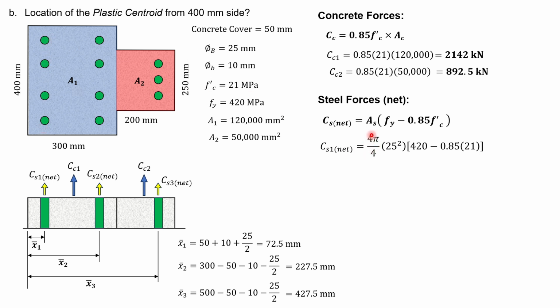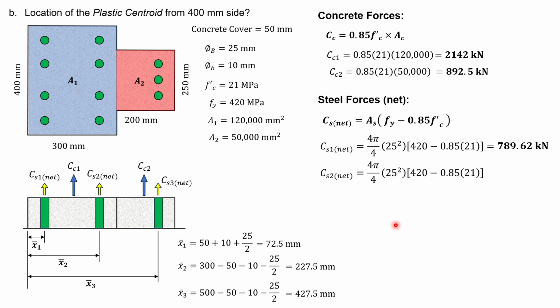Kaya, dapat meron tayo ditong multiplier na 4. The area of the steel is pi over 4, 25 square. Multiply by 4 dahil we have 4 steel bars in this layer. Okay? And then Fy natin is 420 minus 0.85 F prime C. Again, ang makukuha natin dito ay Newton. Kaya divide natin ng 1,000 to make it kilonewton. So therefore, we have 789.62 kilonewton.